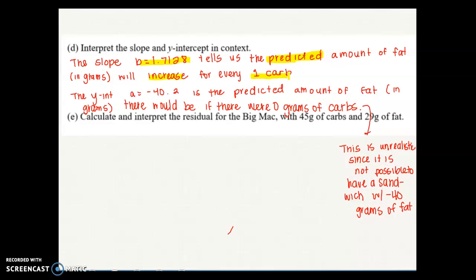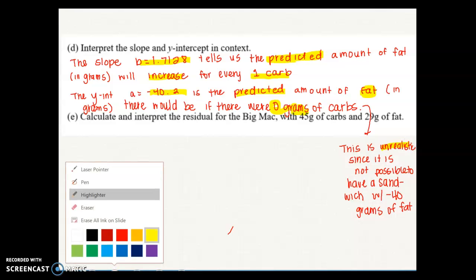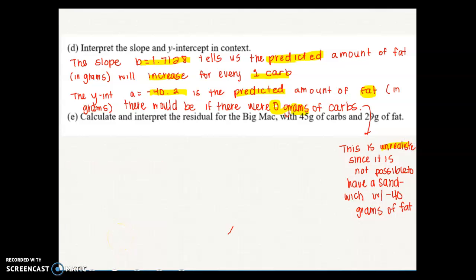Okay, for your y-intercept, you need to tell me what your y-intercept is. Predict it again in fat if there were 0 grams of carbs. Since we can't have negative 40 grams of fat, you need to mention that it is unrealistic. If it is realistic, you don't need to mention anything, just if it's unrealistic.